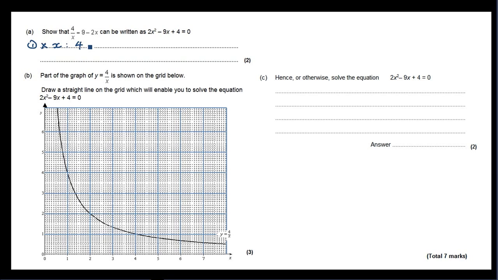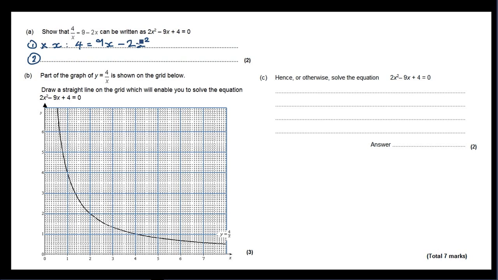So you're just on the left hand side going to get 4. On the right hand side you're going to get 9x, so you're multiplying through, distributing the x, so 9x minus x times 2x is going to be 2x squared. Okay, so that's the first step.